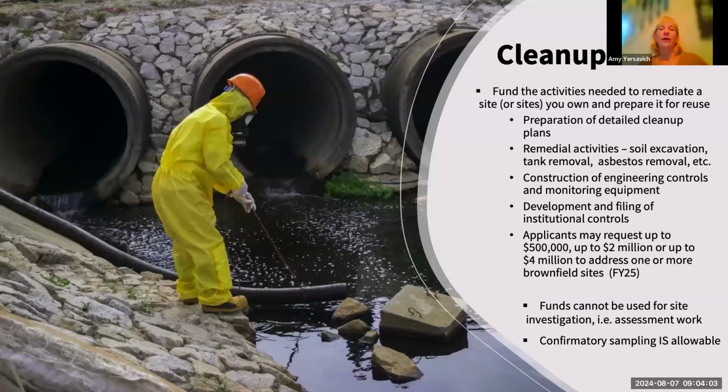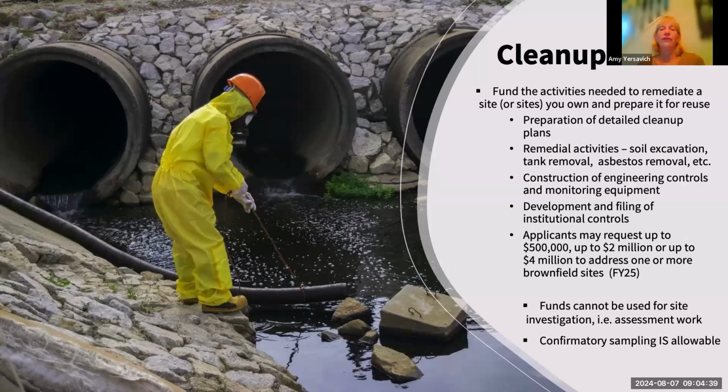Cleanup grants. So you need to make sure that you've done all your assessment work right and your site is eligible. We'll talk a little bit more in detail about that, Beth and I, later on in this webinar. They allow for cleanup plan preparation and remedial activities, which can be anything from soil excavation to asbestos removal, construction of engineering controls. You may have an asphalt cap over soils that may be contaminated.